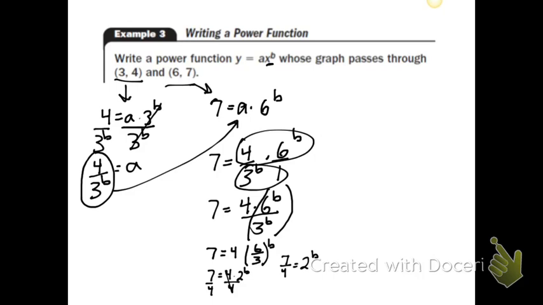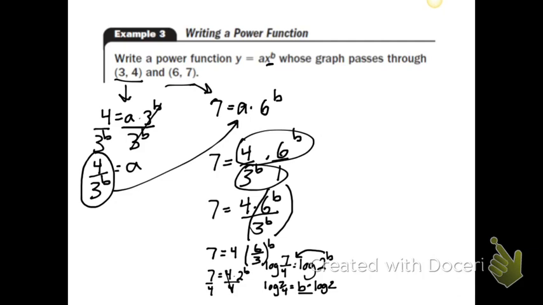Now I'm going to log both sides. I'm going to take the log of 7/4 and the log of 2 to the b, because that allows me to drop the exponent b down in front. So I have the log of 7/4 equals b times the log of 2.